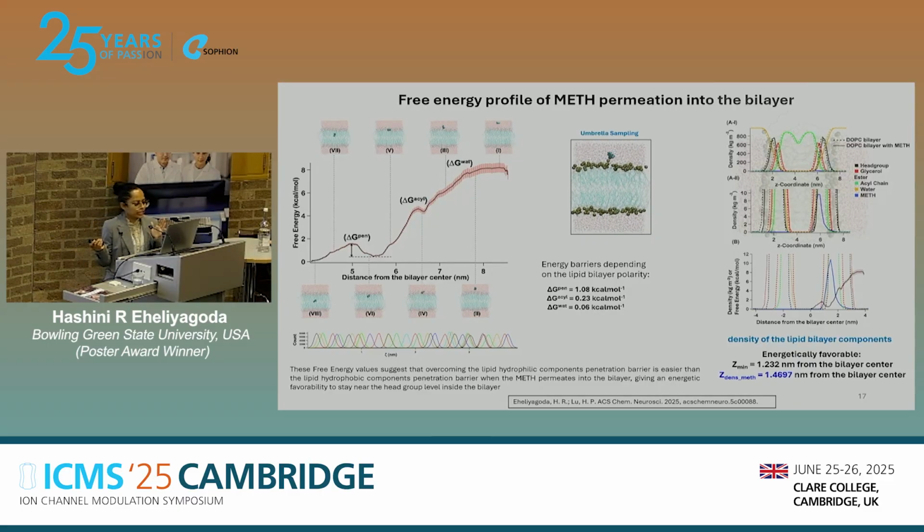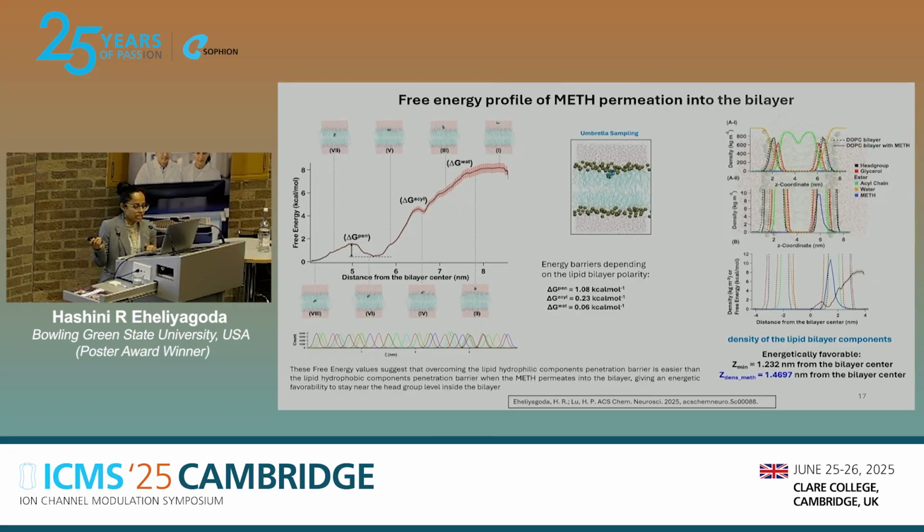Here, we wanted to check how much energy one of these methamphetamine molecules needs to penetrate into the lipid bilayer, because I already mentioned that this lipid bilayer has different regions with different polarity gradients.